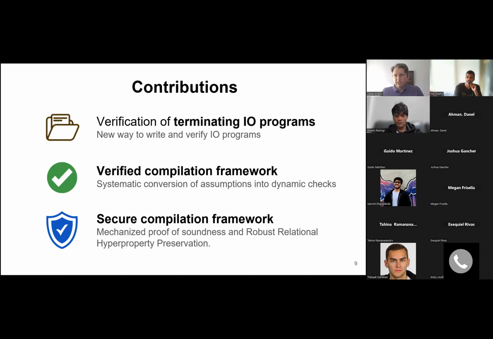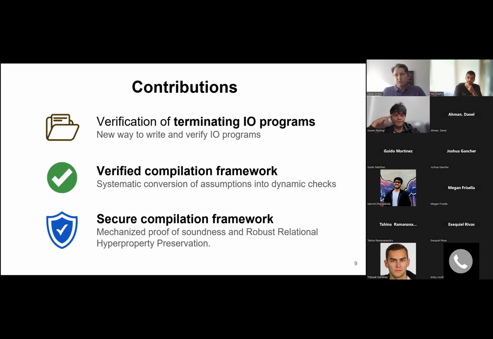The good news is that it requires only the checks that are actually needed, and it also verifies that these dynamic checks imply the assumptions. So one cannot provide dynamic checks that will break the assumption.